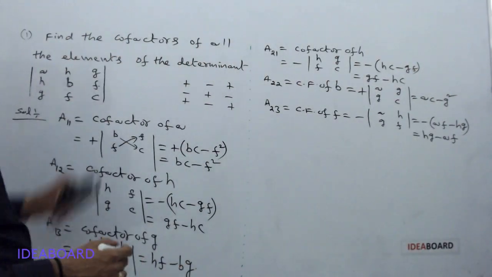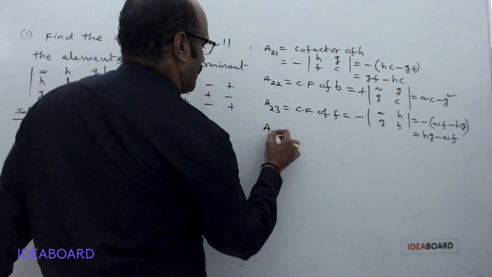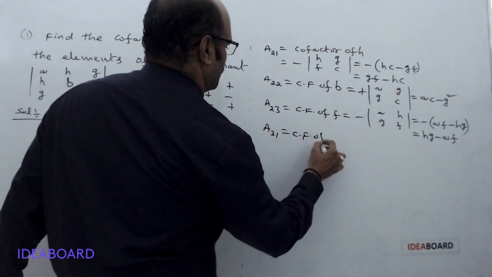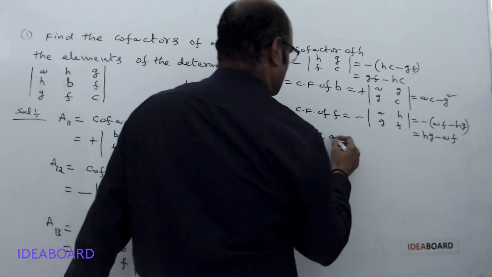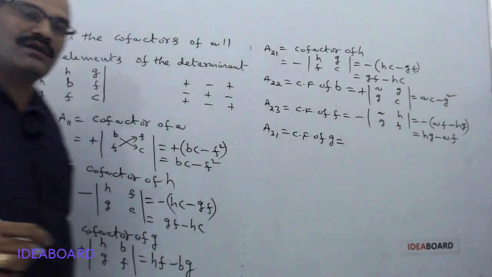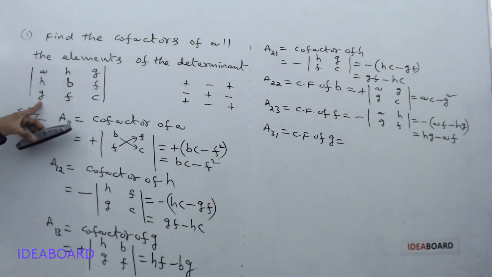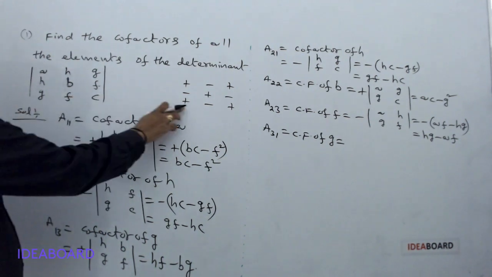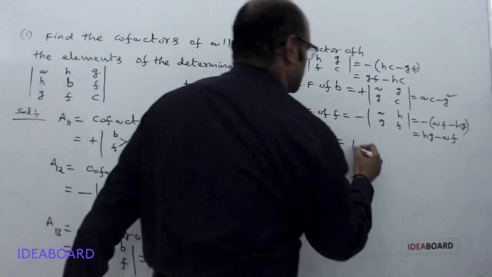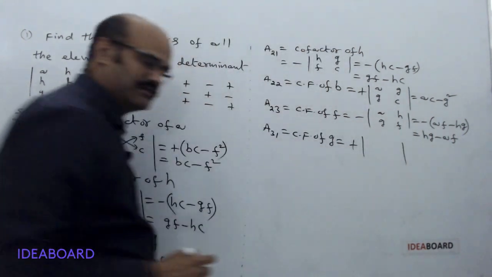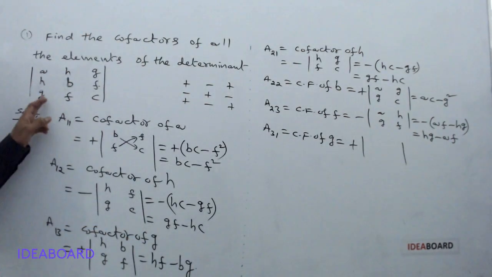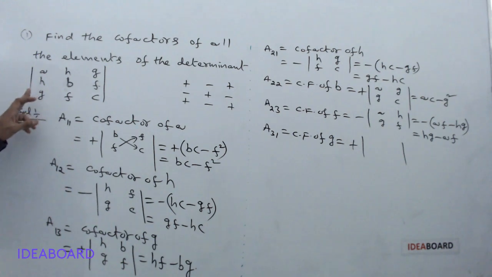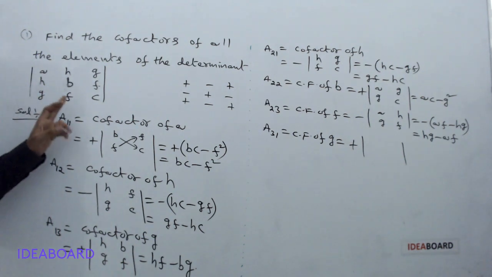Now A31 equal to cofactor of G. First we have to take the sign plus. So here we have to take the sign plus into minor of G. So to find the minor of G, we have to identify G lies in which row and which column.